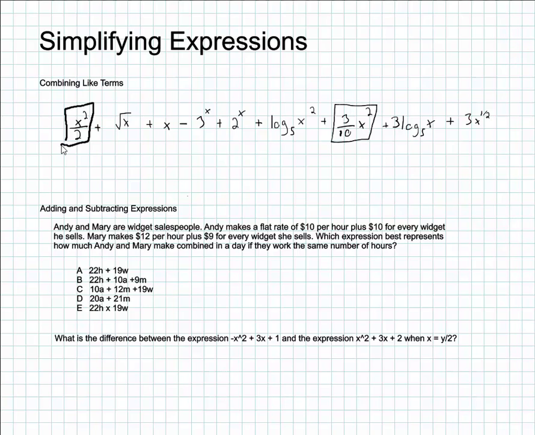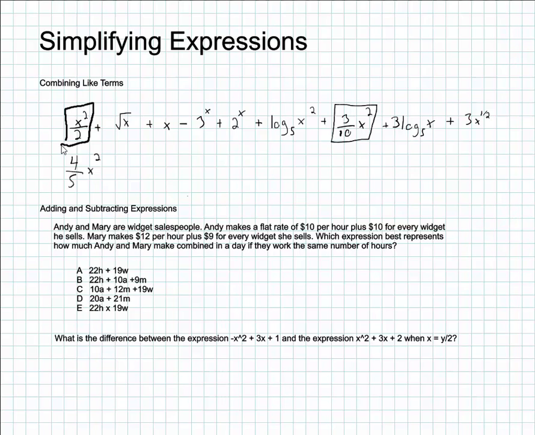If I add 1/2 and 3/10 together, that's like 5/10 and 3/10, that's 8/10 x squared, or 4/5 x squared. That's going to give us 4/5 x squared. Okay, so we've got those two out of the way.